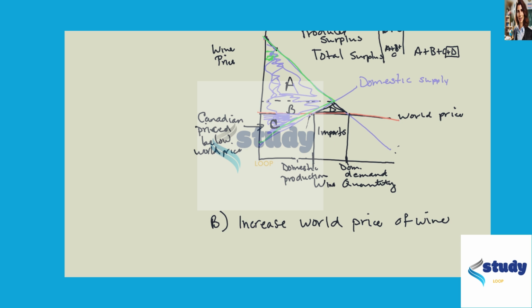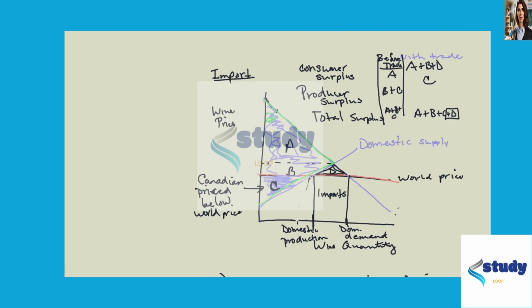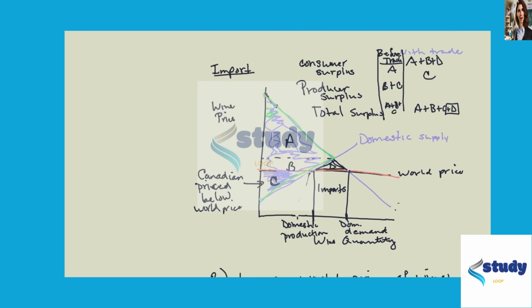And in A, what the effect on consumer surplus would have, well, it's actually kind of easier to see on the graph, I would say. So let's take this red line, and it's going to increase. I'd like to change to red to show you that. Okay, so let's say it increases to here.